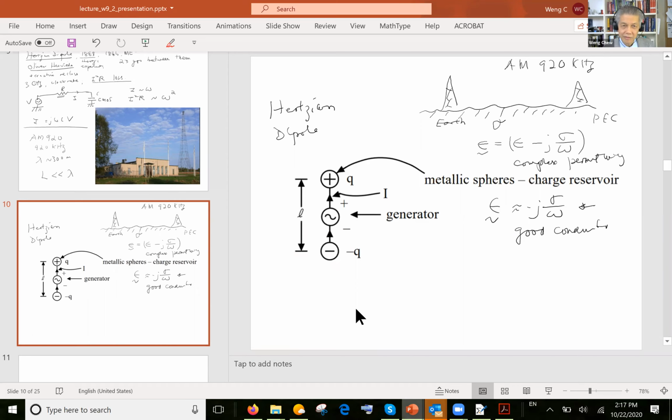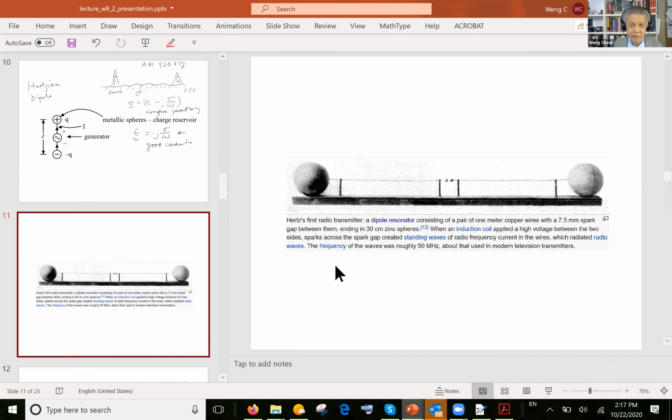Okay, and so I have this Hertzian dipole on the left, and I like to study it in greater detail. This was actually first made by Hertz, and I'll explain to you why he made it that way. Imagine that you have two pieces of wire. You work very hard to drive current into this wire.